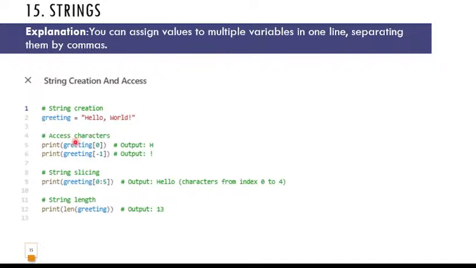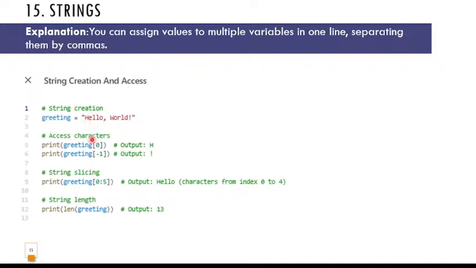Now accessing a character: if you have to find a character, we write print and the variable which we have assigned to this particular hello world, and then we write the index number of that particular character. As you all must be aware, in programming we start counting from 0.